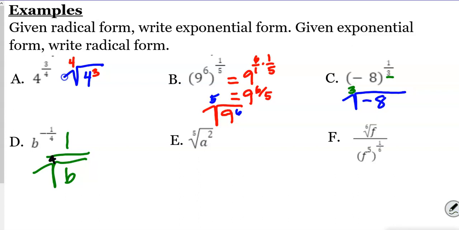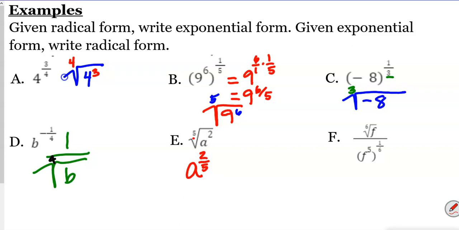All right, so the next one, we're going to transform into a rational expression. So we're going to put it in exponential form basically. So we got our a, and remember our index is our denominator, so our 5 goes there and our 2 goes on top, okay?